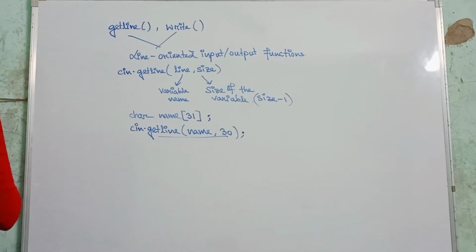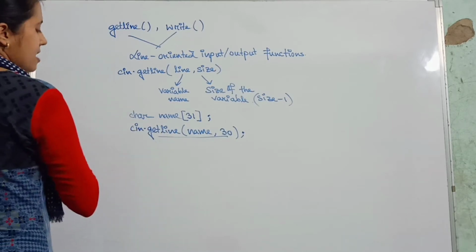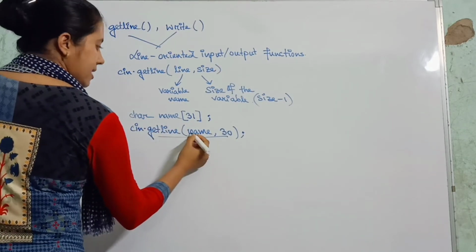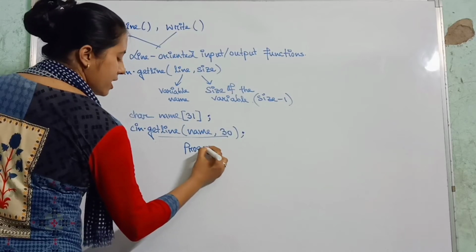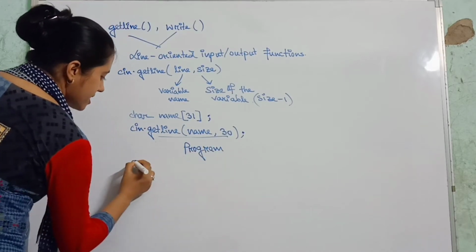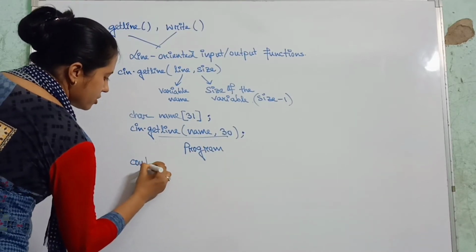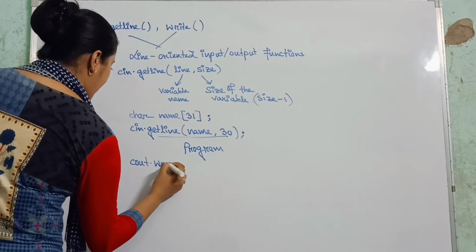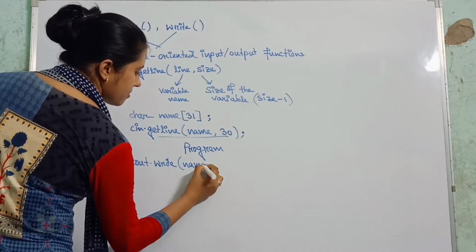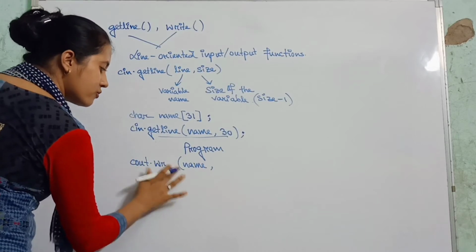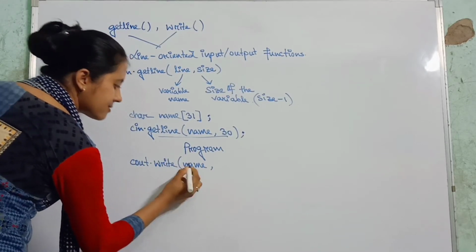Okay? Similarly, if we want to write, suppose name, in name we are storing program, suppose. Okay? And here we are writing cout dot write name comma, here also we have to suggest the size.